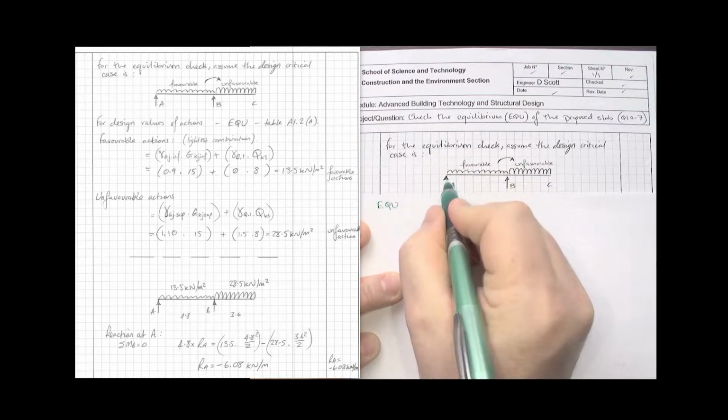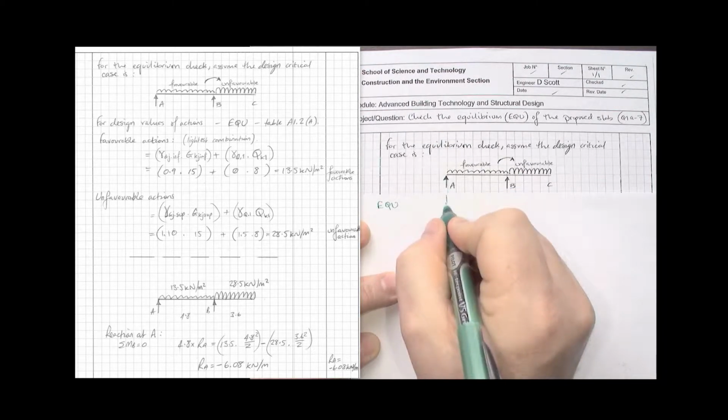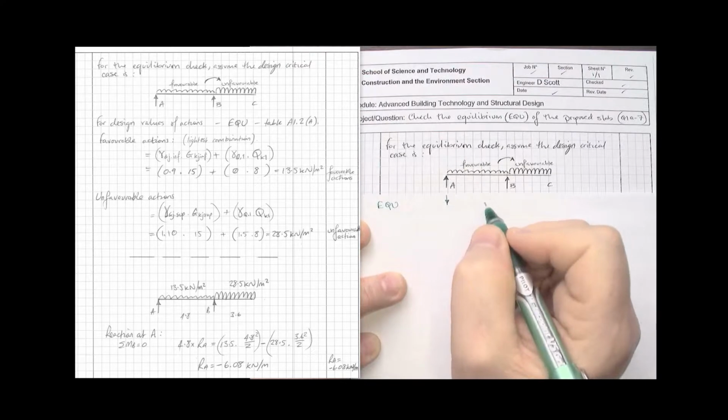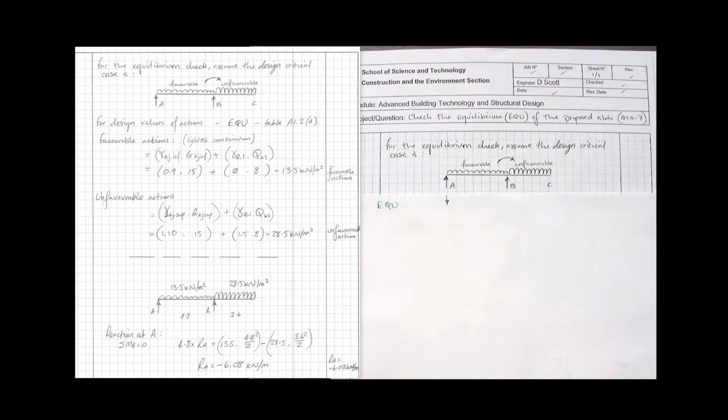When we come to design A here, could the load be so large that it could rotate about the point B, therefore requiring A to be pointing downwards? Because we're looking at equilibrium, we'll be looking at a different table in our Eurocode.